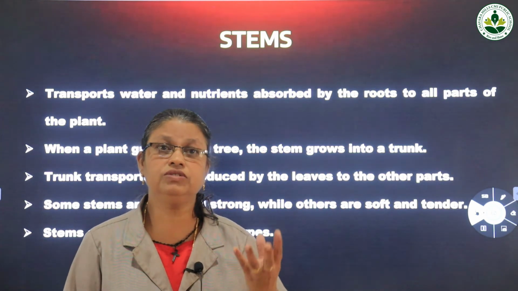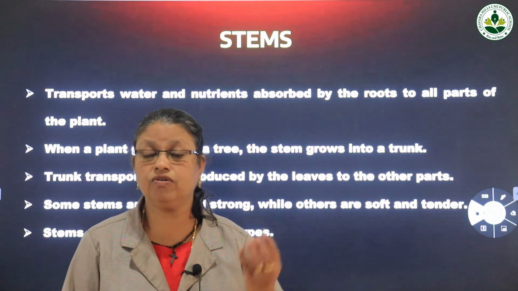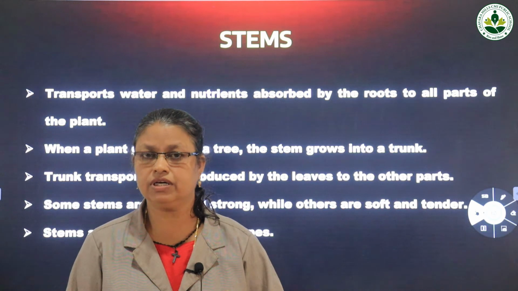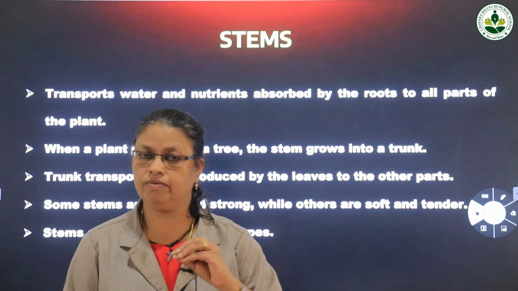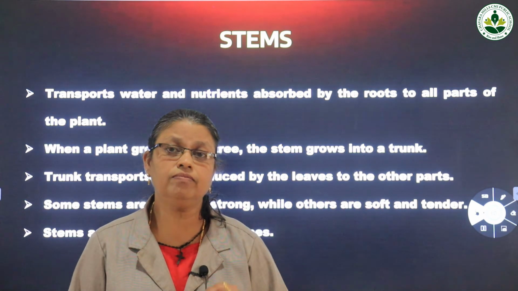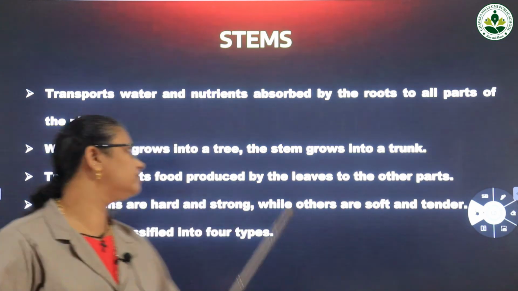And when the stem is big and large in size, we call that a trunk. Okay. So the trunk helps to transport food to all parts of the plant and also water absorbed by the roots to all parts of the plant.